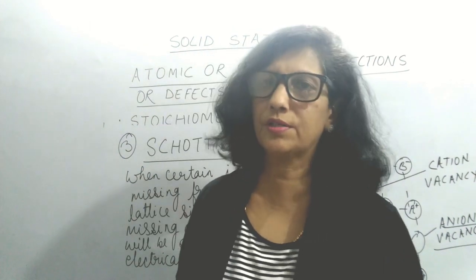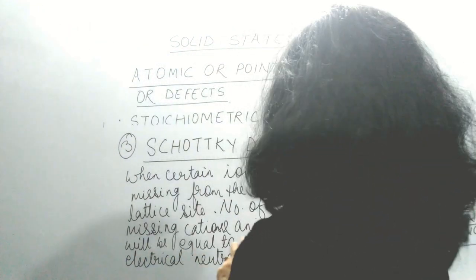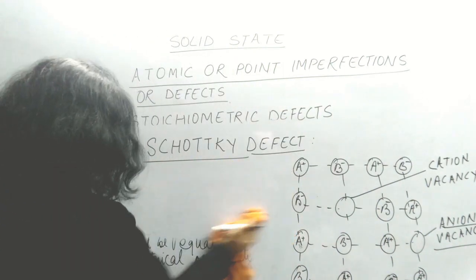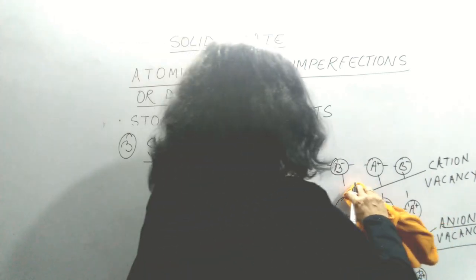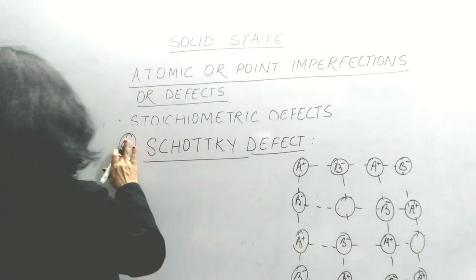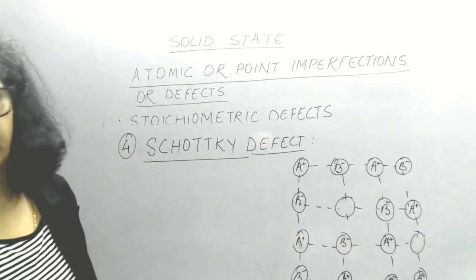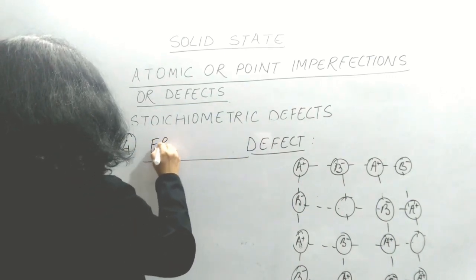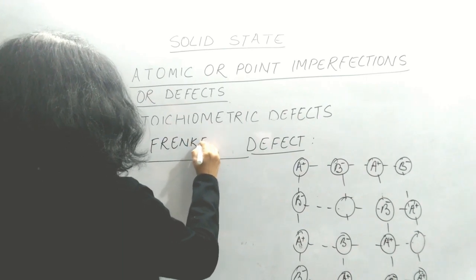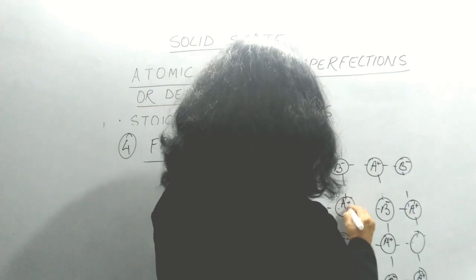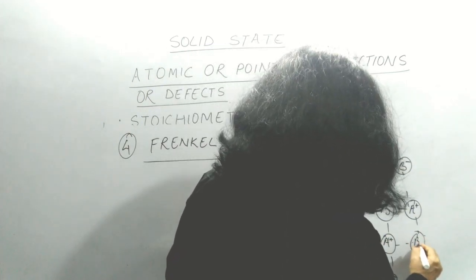Next type of stoichiometric point defects we can see is Frenkel defects. For Frenkel defects, I am just completing this lattice. Here I am completing the lattice, cation here, anion here.